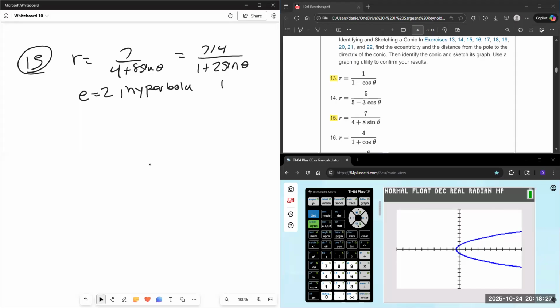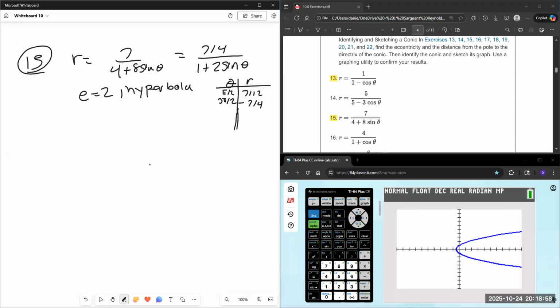So let's go ahead and look at theta and r, and I'm interested in those vertices that are going to happen at pi over 2 and 3 pi over 2 since I'm on the y-axis. Sine of pi over 2 is 1, so that'll be 7 over 12, and 3 pi over 2 gives me negative 1, so that's going to be negative 7/4.